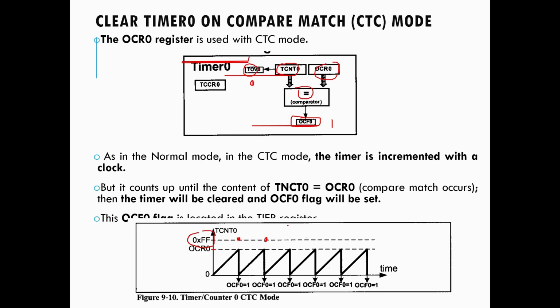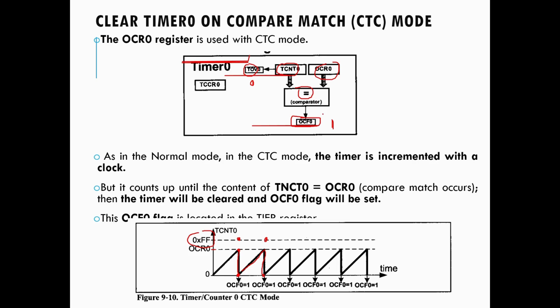So if we have timer 0, once the value increases until the OCR value, if the value is the same for both TCNT and OCR, the OCF will be 1. Then the value increases again, and when the OCR value is the same as TCNT, OCF will be 1 again.